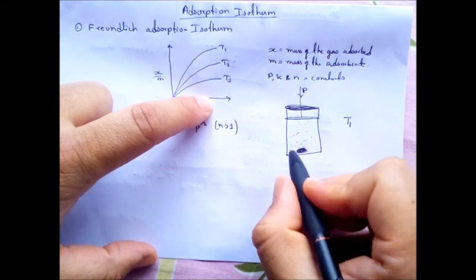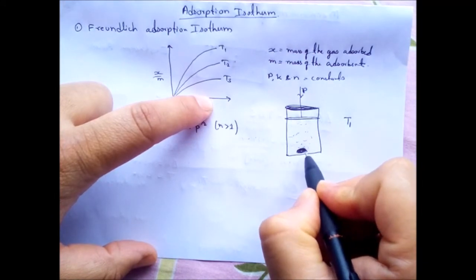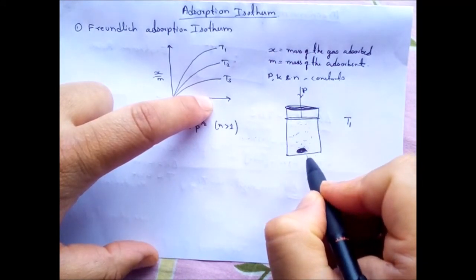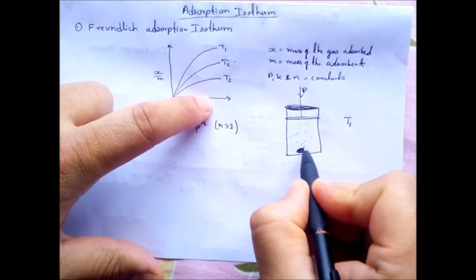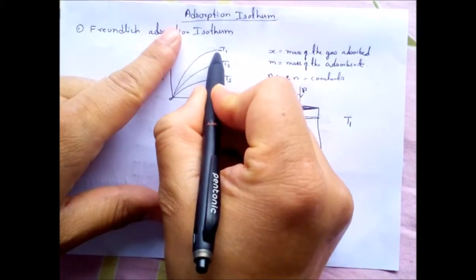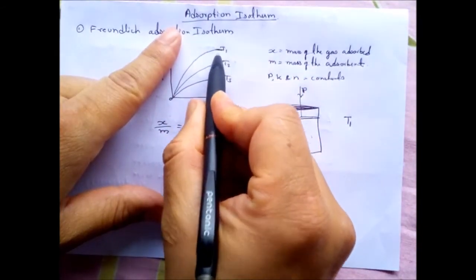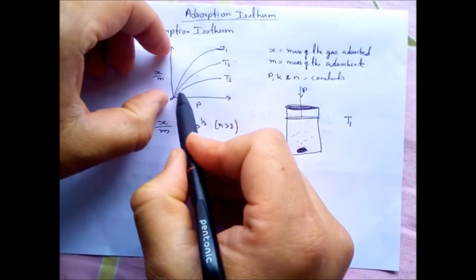Saturation point means no more particles get adsorbed at the surface, no matter how much pressure you apply. You can keep on increasing the pressure, but the rate of adsorption does not increase. That means it reaches this value and moves parallel to the P axis. This height is your adsorption.